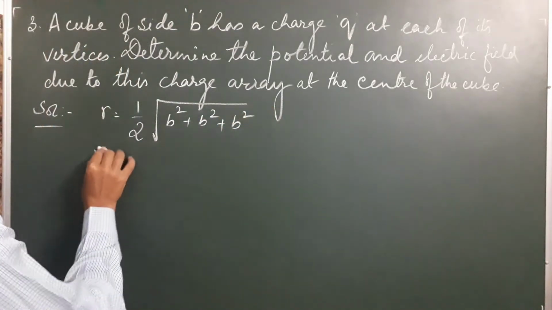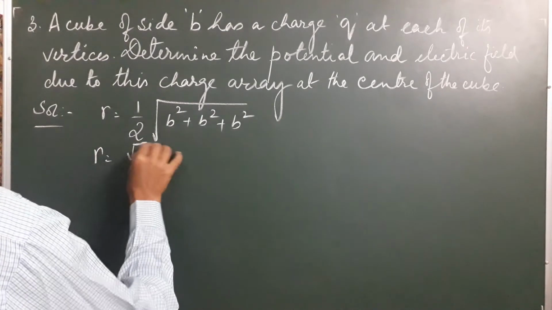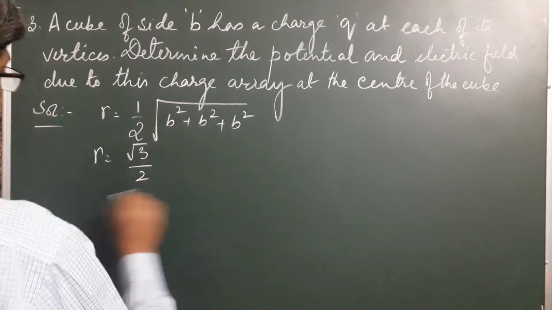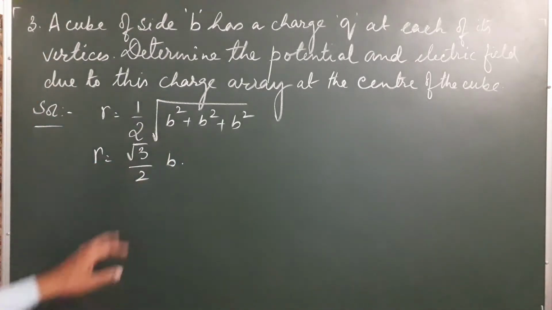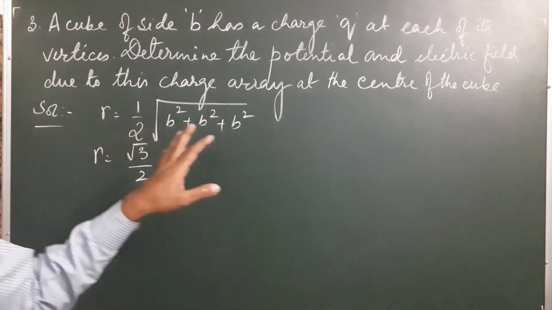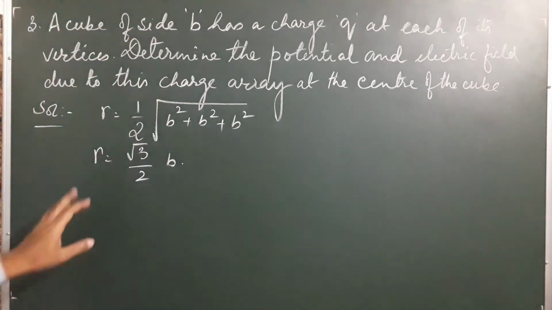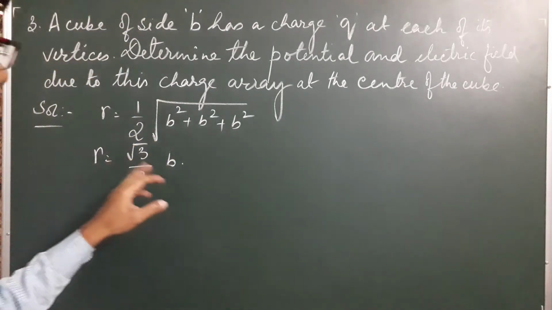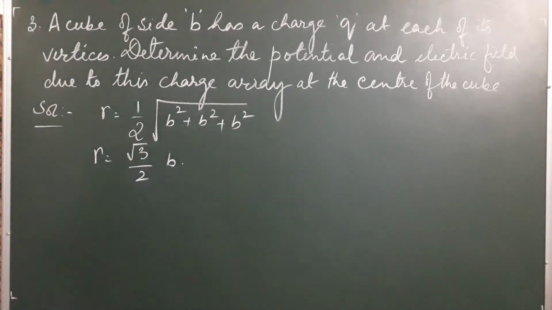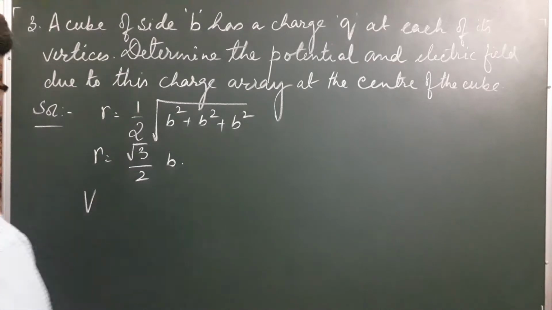If you solve this, that comes out to be root 3 by 2 b. This is the distance, half, because this is the diameter and we take half the value. So the distance of the vertex from the center is root 3 by 2 b. Now let us find out the potential at the center due to one of these charges.